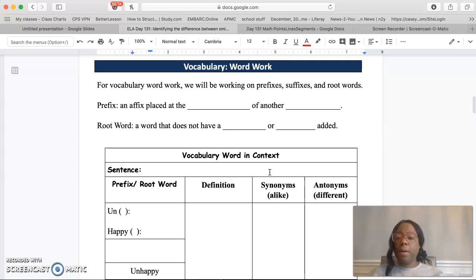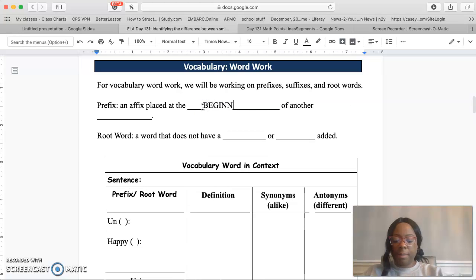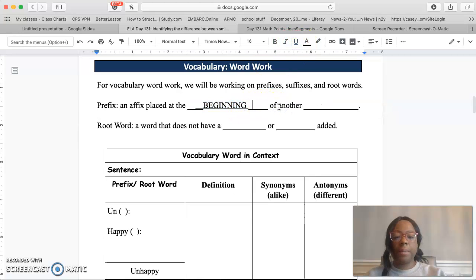It says for vocabulary word work, we will be working with prefixes, suffixes, and root words. Prefixes are an affix placed at the beginning of another word. So I'm gonna make sure we underline that.